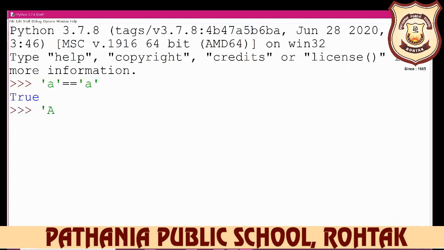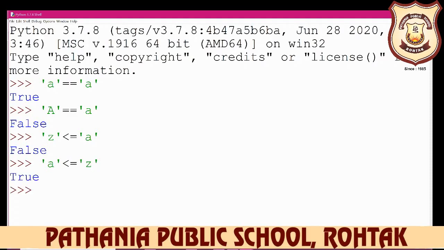But when you write capital A equal to small a, the answer is False, because capital A is not equal to small a; the Unicode is different for small a and capital A. And when you write Z is less than or equal to A, the answer is False. But when you write A is less than or equal to Z, the answer is always True.